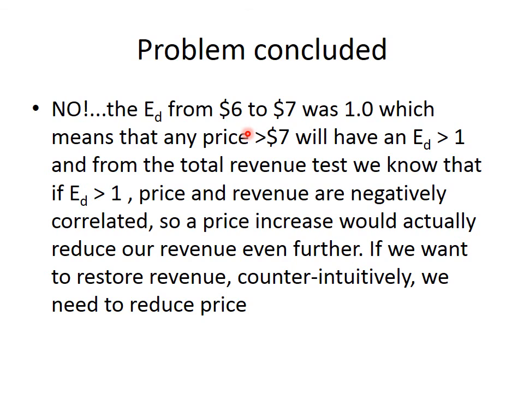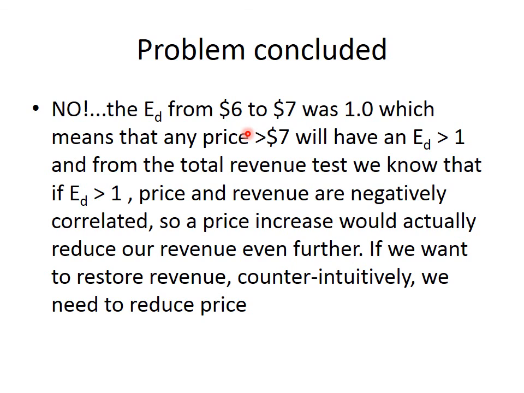At $7, from $6 to $7, the elasticity was 1.0. That means for any price over $7, from $7 to $8, the elasticity is going to be greater than 1. It has to be. This is a logical conclusion. And if it's greater than 1, that means the change in quantity is going to be greater than the change in price.